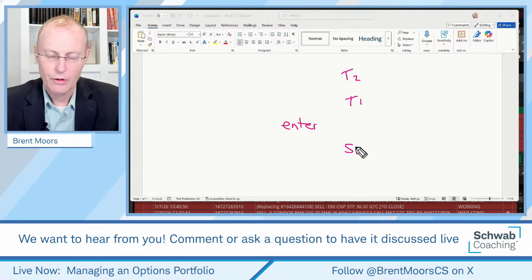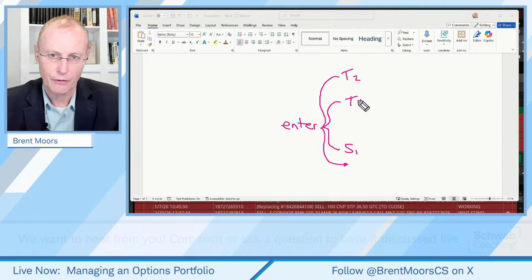So if we go up, we're going to get out, but we're only going to get out of half of it. We're also going to have a second target, so 2 OCOs. Ultimately, if the first target hits, it's going to cancel our first stop, or if the first stop hits, it's going to cancel our first target.